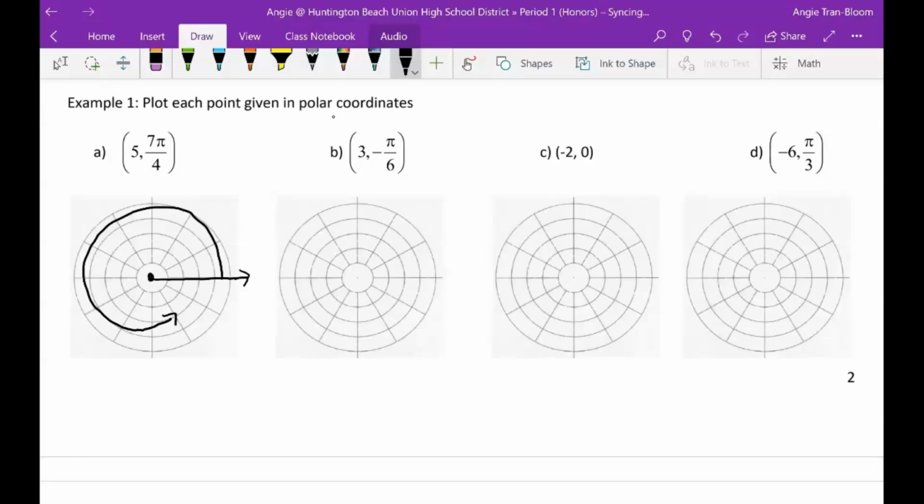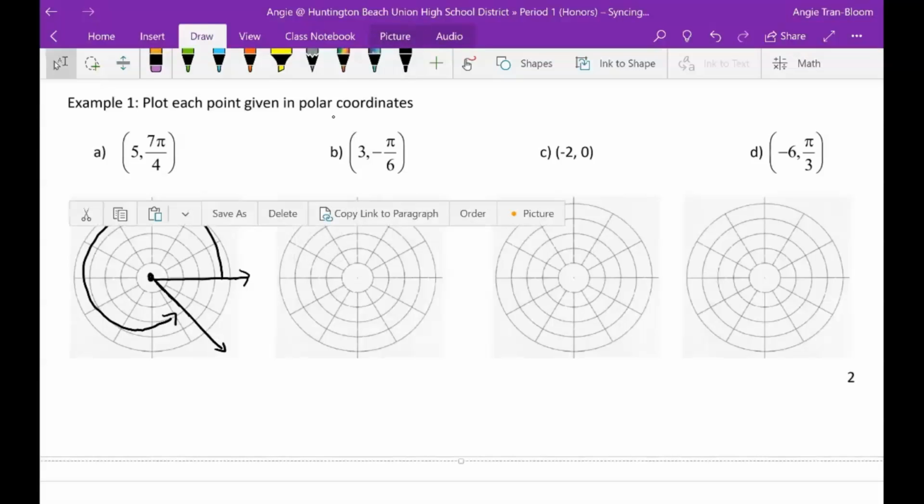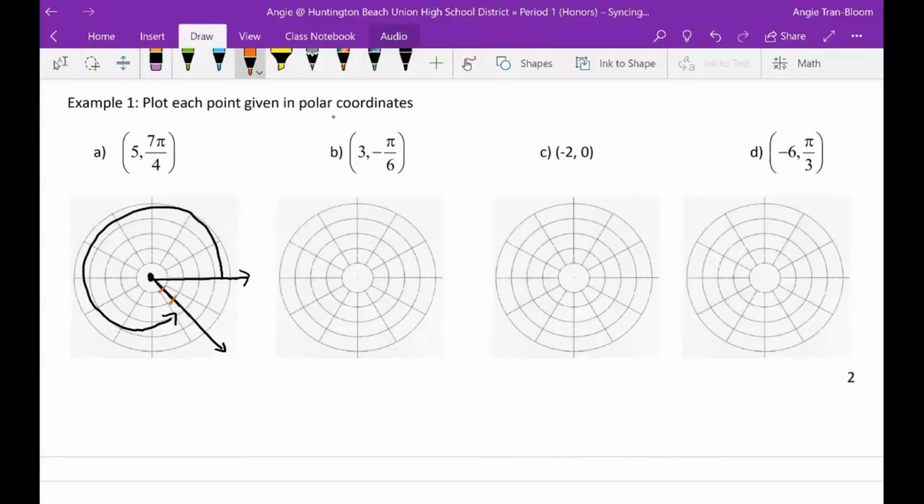You will need a ray from the center to demonstrate where 7 pi over 4 ends. Because the radius is 5, you will count 5 tick marks: 1, 2, 3, 4, 5. And you make your dot right there.